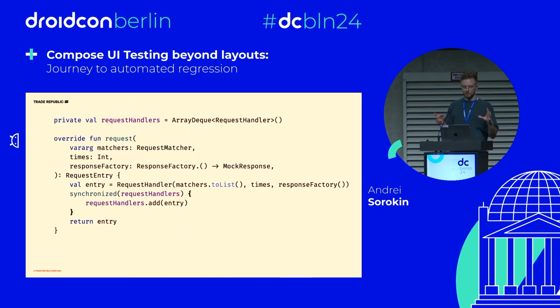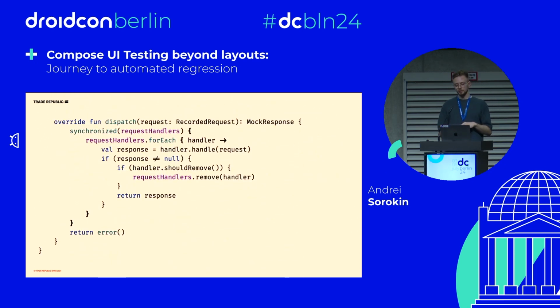Whenever you create this request, you take all the matchers, put them into a list, and save them as an object that keeps track of how many times you actually requested it, and what it needs to respond with. Then you synchronize, so you don't have any problems with concurrency here, and then add them to the queue, which is simple.